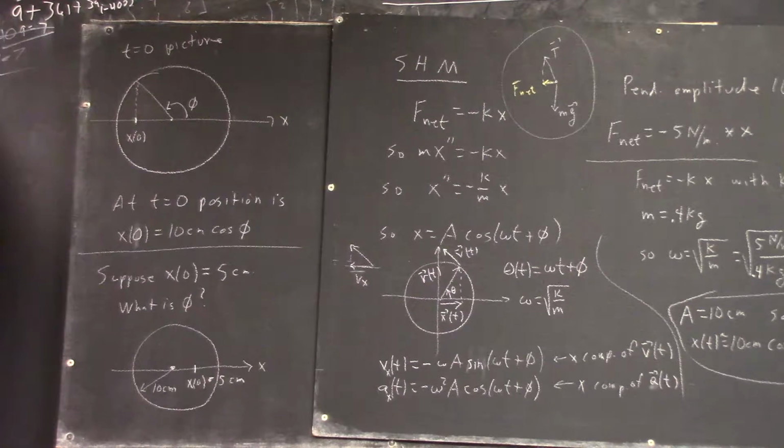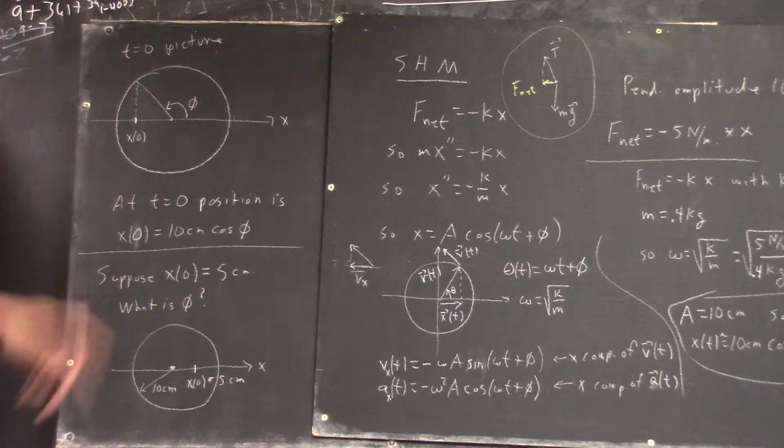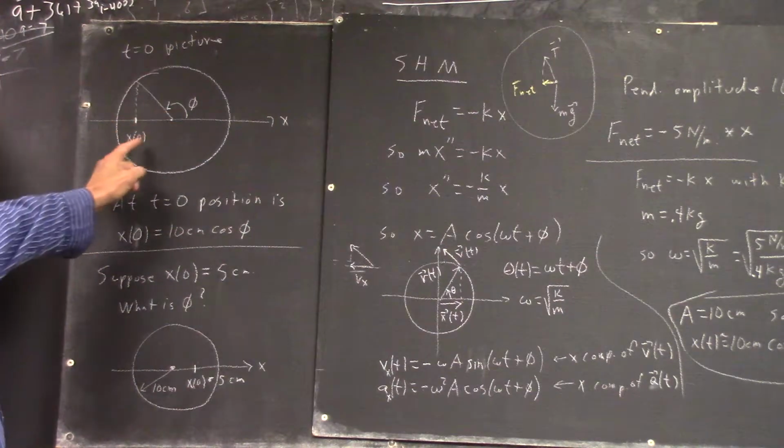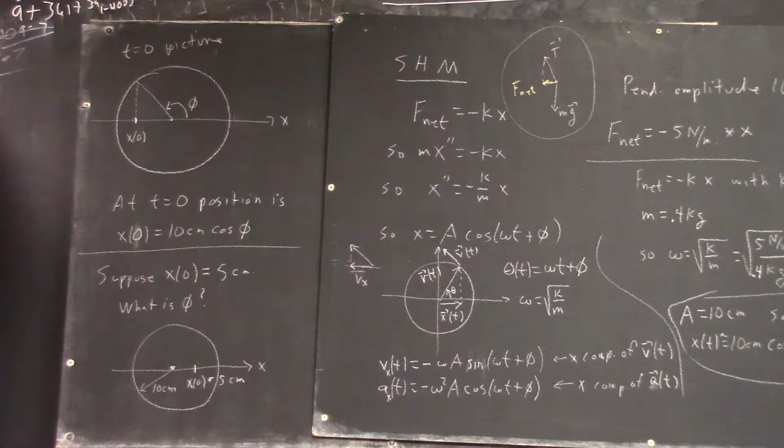So there it is, right? So what's phi? Where's phi on this picture? Now look at how x of 0 corresponds to phi in this picture. How does it correspond?